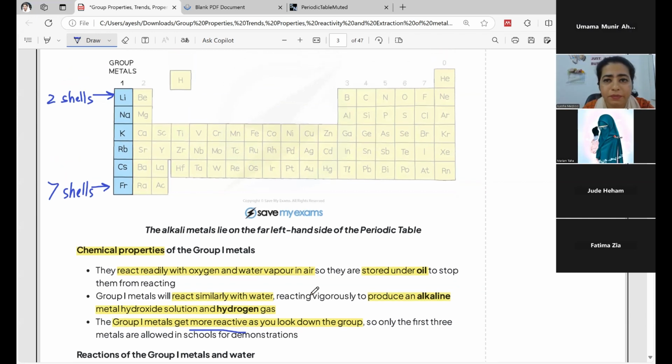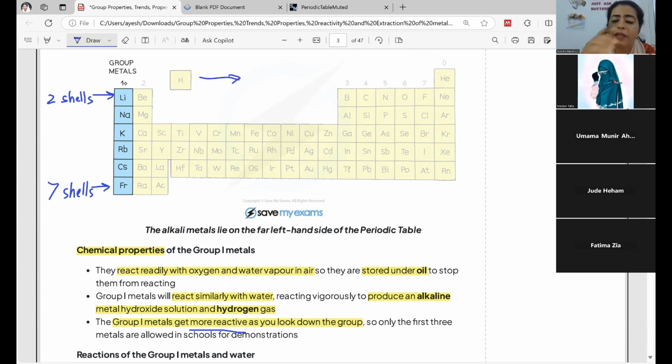Yes, Umama. Miss, why does Na have one shell? Then Na is in period 3, it will have 3 shells, because we said the period numbers are the rows. The very first period has just hydrogen and helium. Hydrogen we are not taking in group 1 because hydrogen is not a metal.